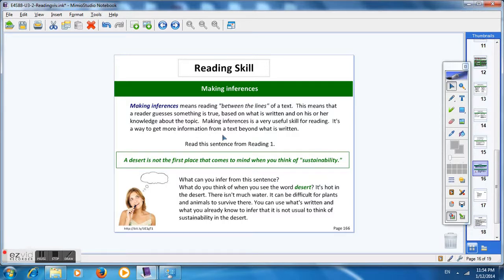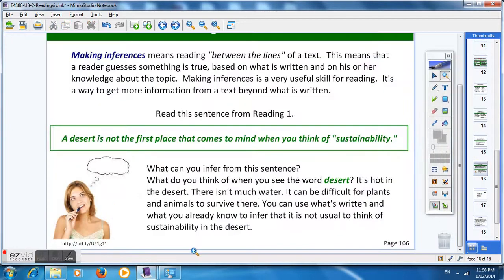So read the sentence from reading 1. It says, a desert is not the first place that comes to mind when you think of sustainability. What can you infer from this sentence? What do you think of when you see the word desert?